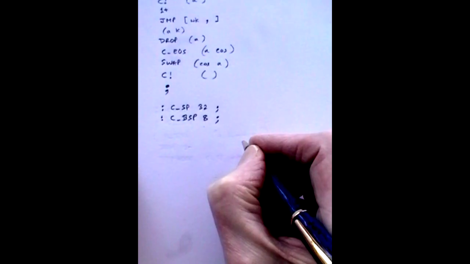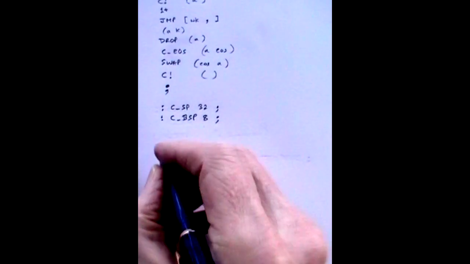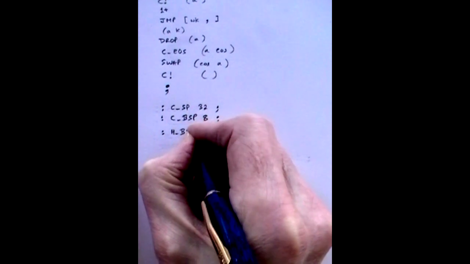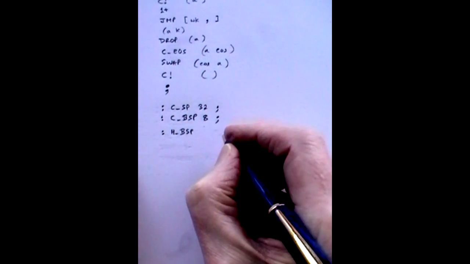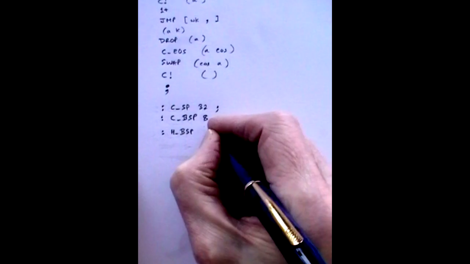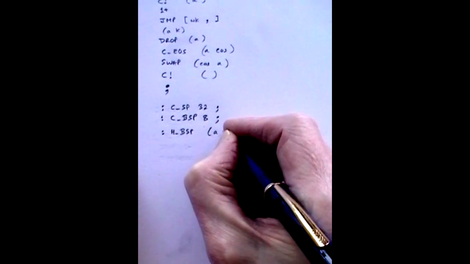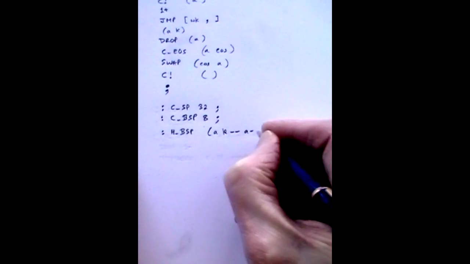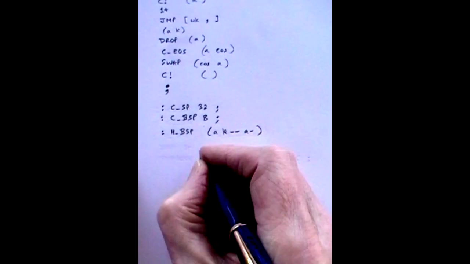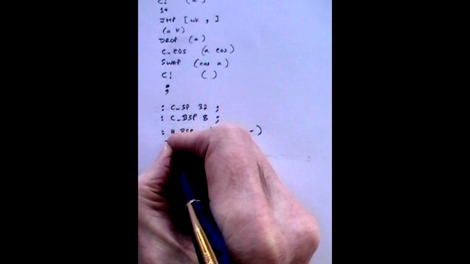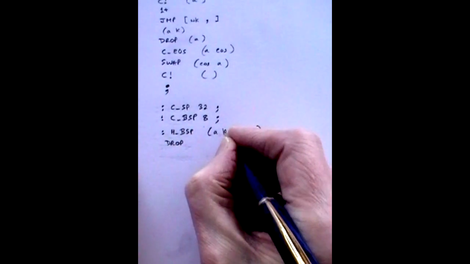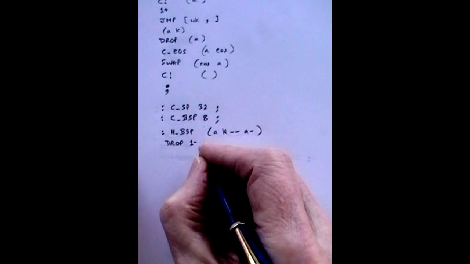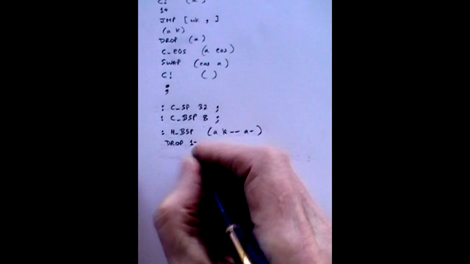And a new word to handle the backspace key, handle backspace. I won't go into the details, but it starts off with the address on stack and the key, and is going to end up with a decremented address. So we drop the key, decrement the address, and that deletes the character from the buffer.